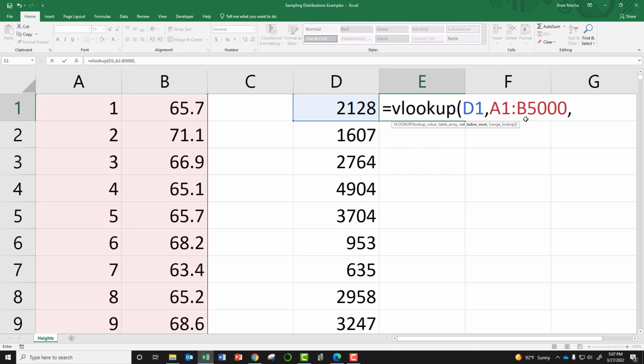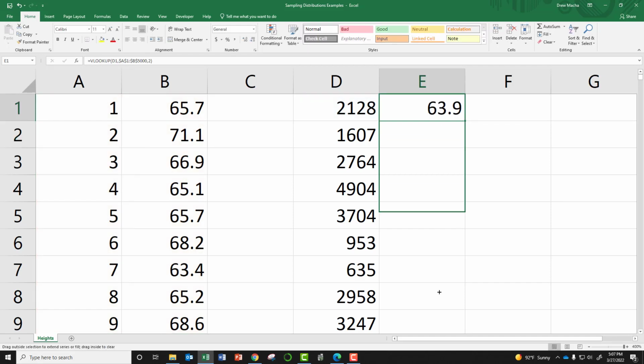The column index, where I want to draw my data from, is column B, so that's the second column in that range, and that's the formula we need. By the way, I'm going to put little dollar signs in front of the A and the 1 and the B and the 5,000, because as I drag this formula down, I don't want that reference range here in shaded red to move on me.